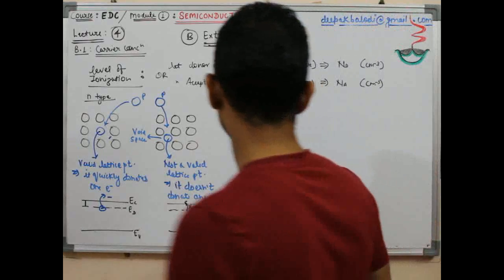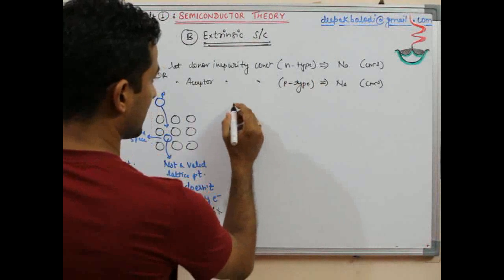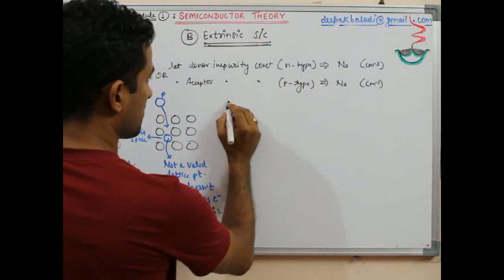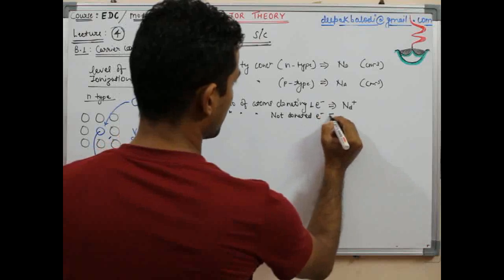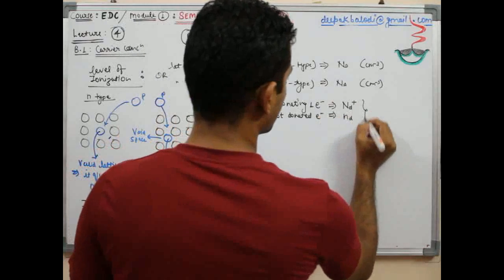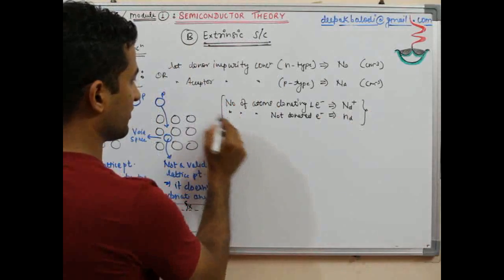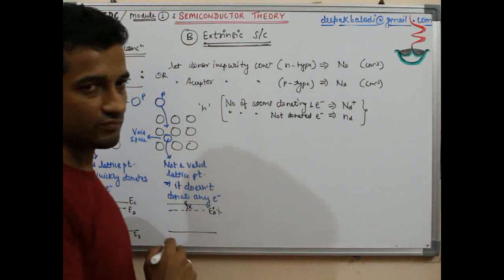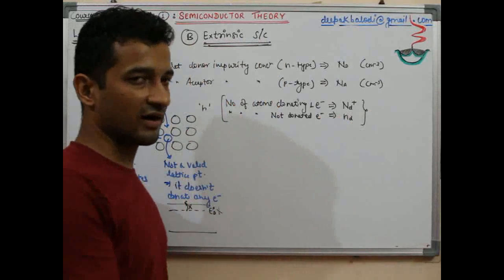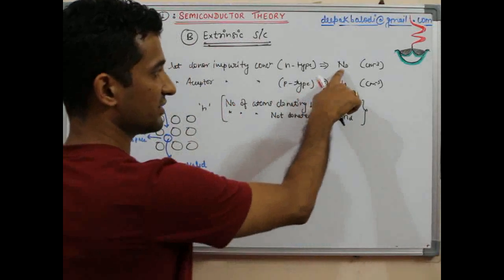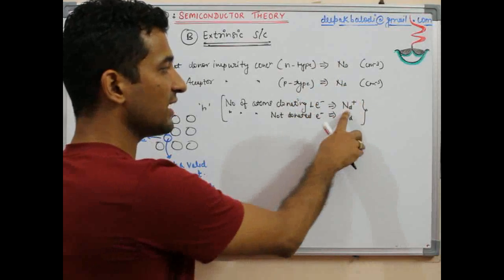So what happens, let me write it like this: the electron concentration, let's say Nd. So what is the result? And this I am writing for n-type. For n-type, if we are trying to make it n-type, then we inserted Nd. Out of Nd, only Nd plus.